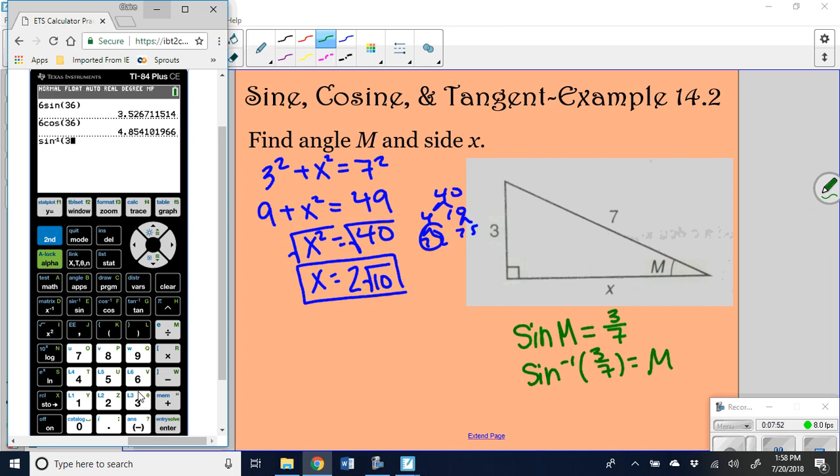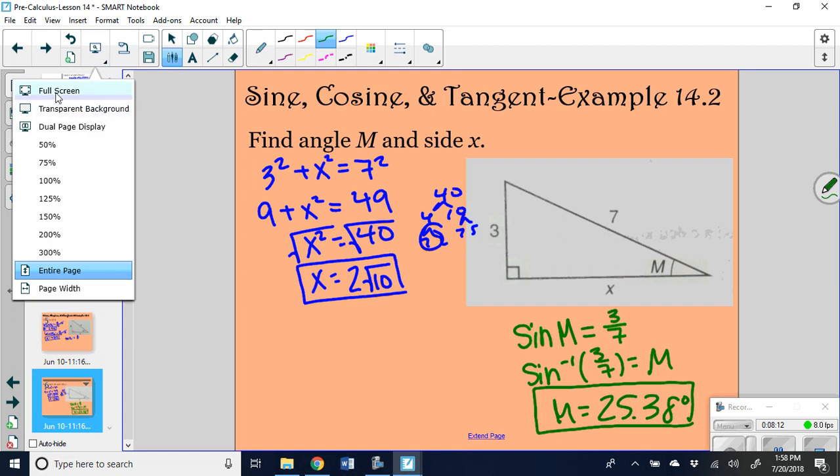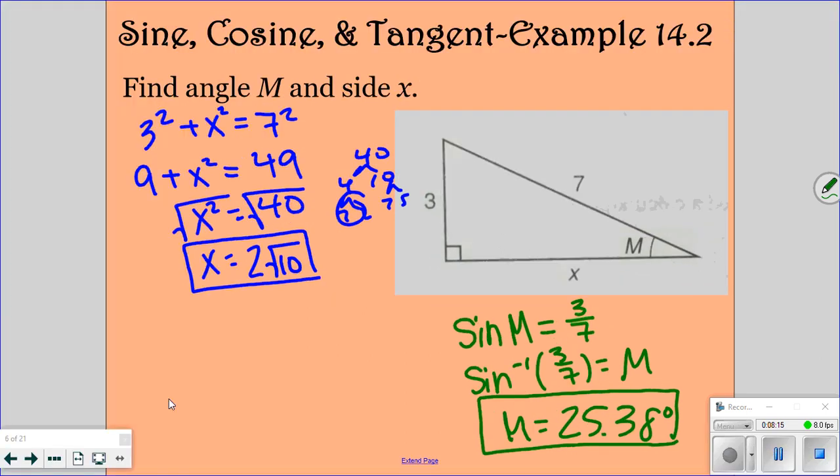And then we're going to do 3 over 7. And then you hit enter. And it gives us our angle of 25.38 degrees. So M equals 25.38 degrees. So that's how that works. Again, hopefully some of that is review from either Algebra 2 or Geometry.